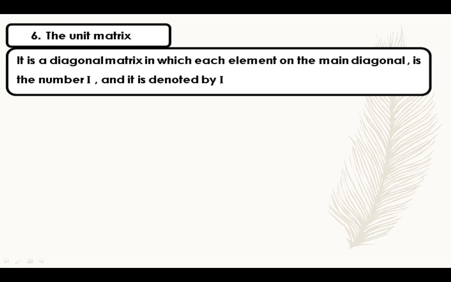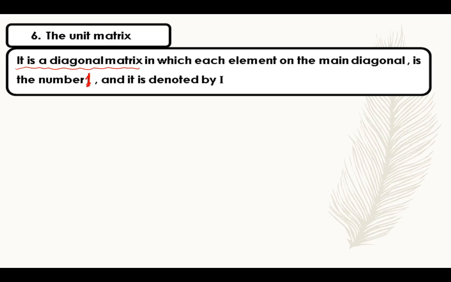We all know that unit means 1. So the unit matrix is first a diagonal matrix, meaning all the elements of the matrix are zeros except the elements of the main diagonal. Here in the unit matrix, the elements of the main diagonal are the number 1.